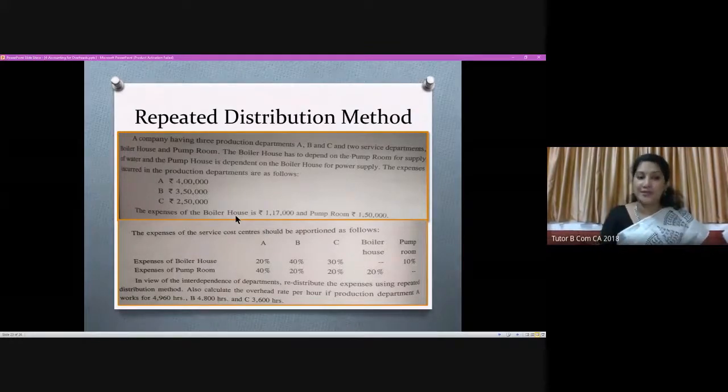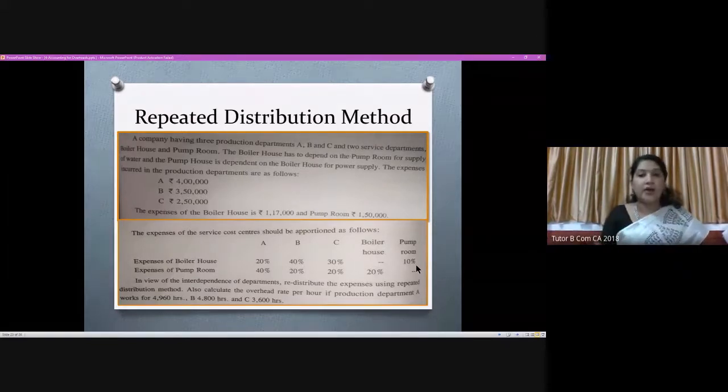In this example, they have given that the expenses of boiler house need to be apportioned to A as 20% of the total expense, B 40%, C 30%, and since it is boiler house, there is no apportionment to itself, so 10% to pump house. This is the ratio in which we have to distribute, that is 2:4:3:1, to reapportion that to departments A, B, C, and pump house.